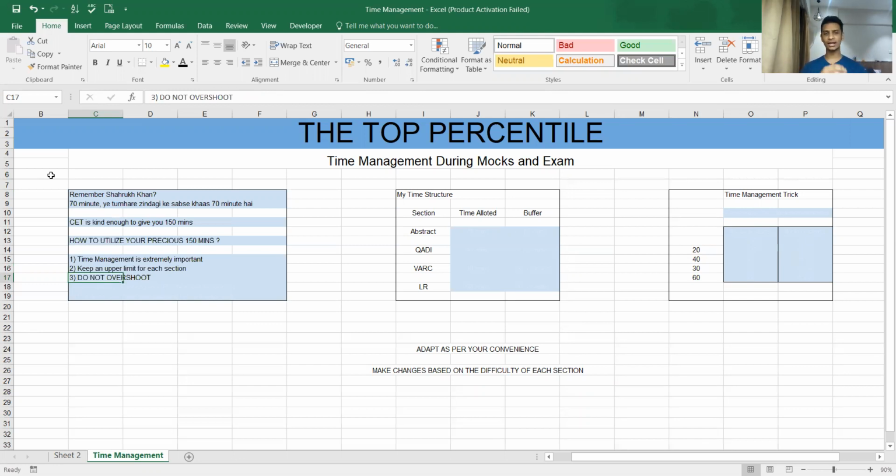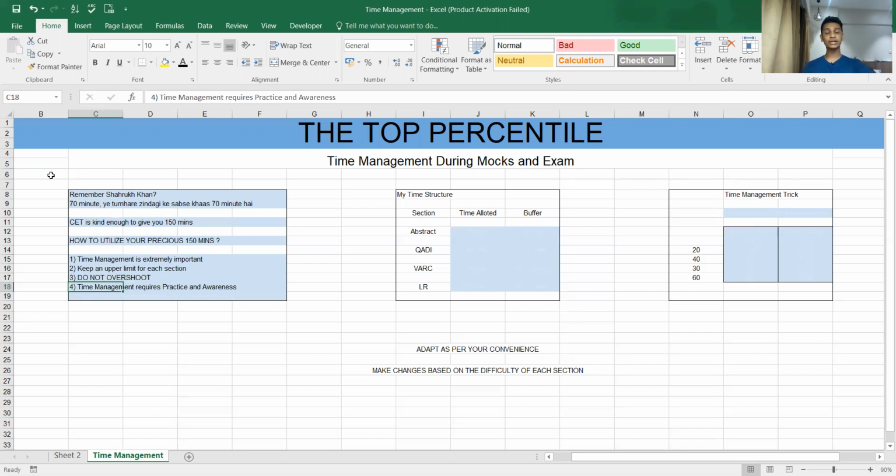If you have allotted, let's say 10 minutes for abstract reasoning, and that is what you have allotted yourself after going through various iterations in different mocks, and you're fixated on 10 minutes as a time limit for abstract, make sure you don't overshoot it. Try to finish your section inside of that much time, or otherwise skip to some other section and come back later if you have time for that particular section. So don't overshoot at all.